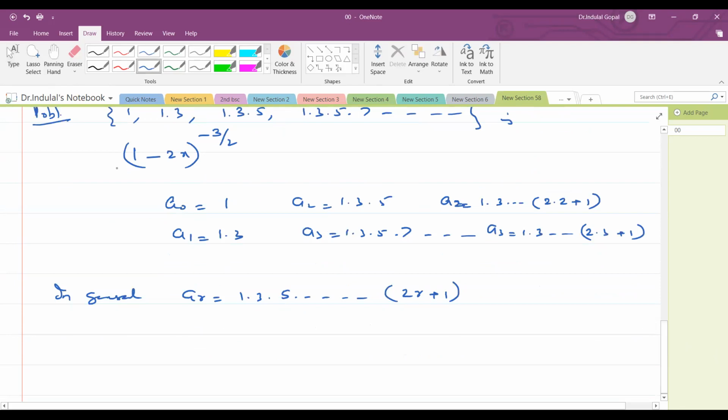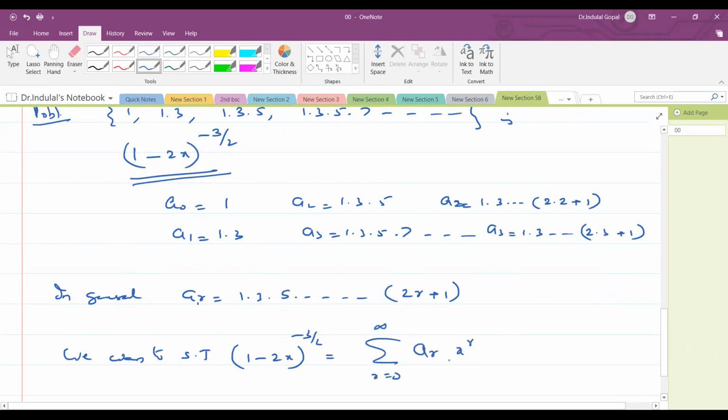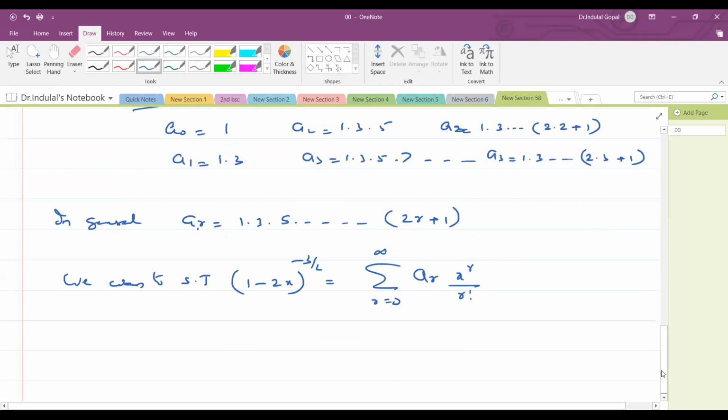We want to show that this is the exponential generating function for the sequence AR. So we want to show that 1 minus 2x all raised to minus 3 by 2 is equal to sigma r equal to 0 to infinity AR x raised to r by r factorial.